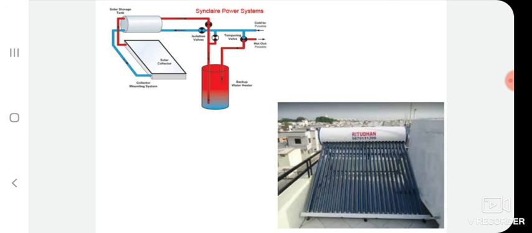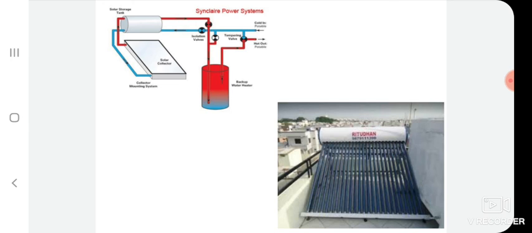The flat plate assembly is contained within an insulated box and covered with tempered glass, as shown in this slide. If you see the right hand side diagram, it is simply a flat plate collector. It consists of a number of pipes, copper tubes.